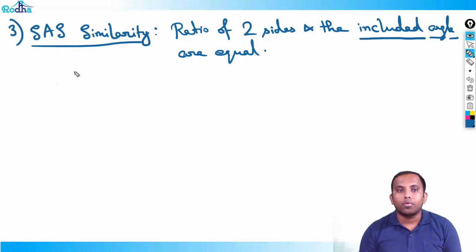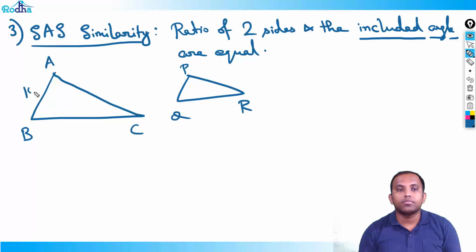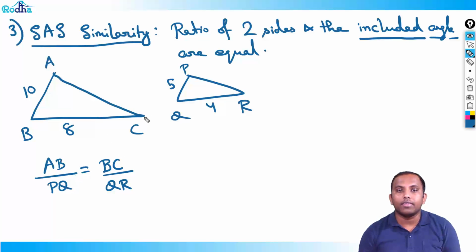Make two triangles, triangle ABC and triangle PQR. Suppose this is 10, this is 8, this is 5, this is 4. I can see this ratio is equal: AB upon PQ is equal to BC upon QR. This is the ratio of sides.